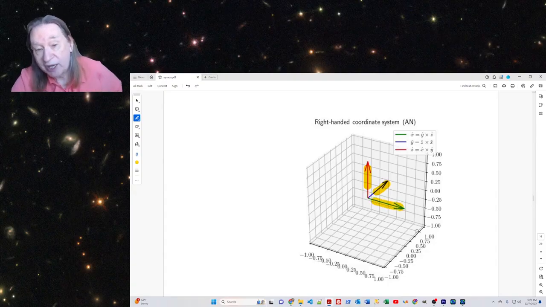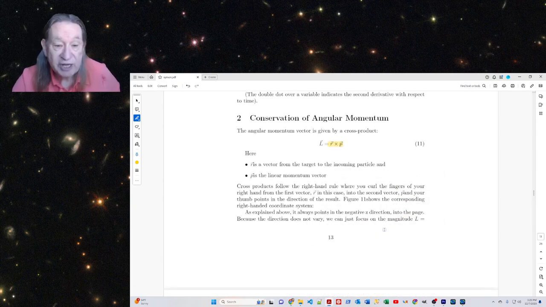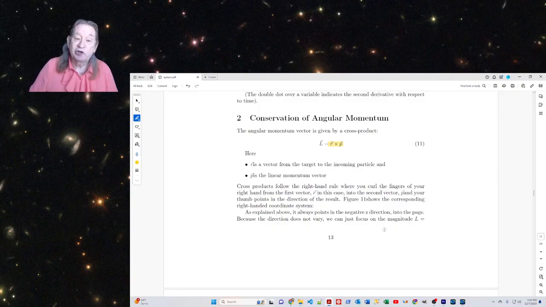And if you take z and you cross it with x, you get something that goes out y. Now, the key point is that angular momentum is conserved. That is, it's constant. It doesn't change with time. And we're going to use that.